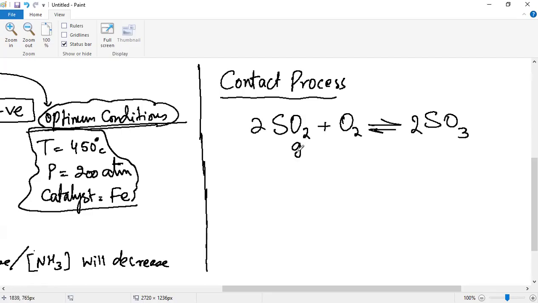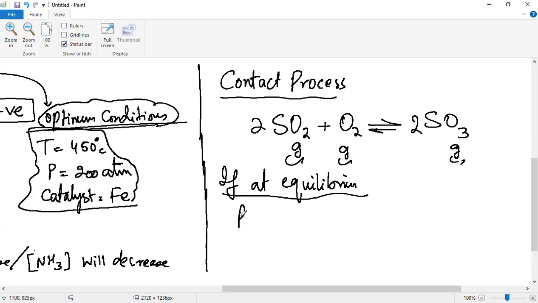And all these are gases here. So let's say at equilibrium, pressure is increased.